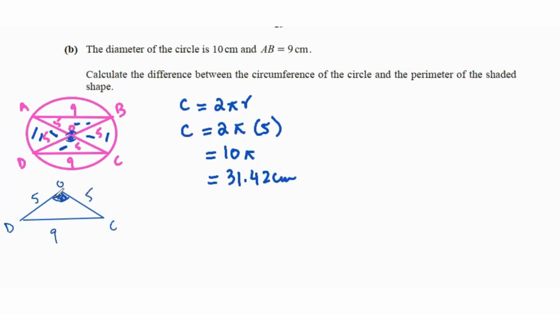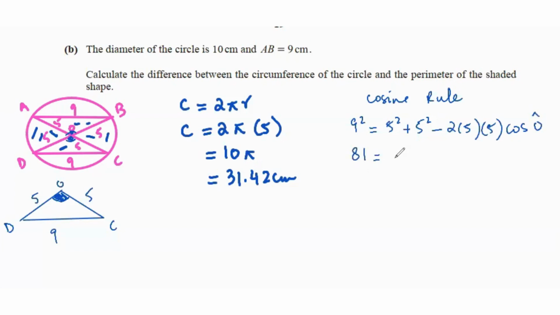We have 3 lengths and we have to find one of the missing angles, which means we can use the cosine rule. So the cosine rule for this would be 9 squared equals 5 squared plus 5 squared minus 2 times 5 times 5 times cos of angle O.